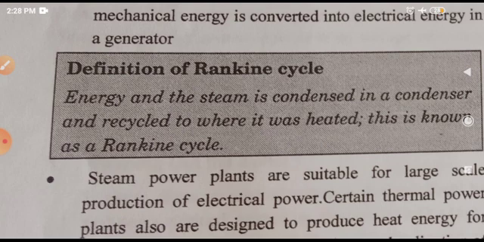Then the heat from the exhausted steam is absorbed, so that the steam is converted into liquid. Then again this liquid is fed to the boiler for conversion into steam. In this way the Rankine cycle goes on.